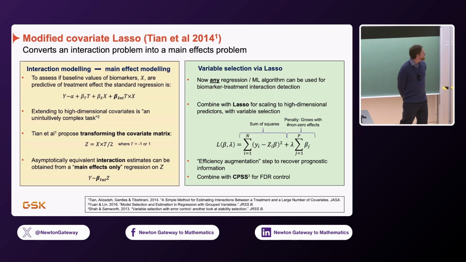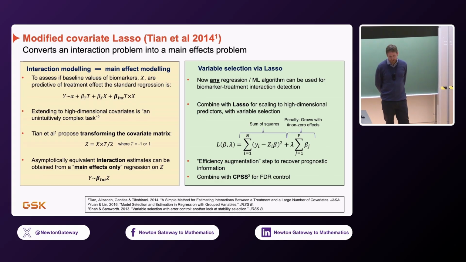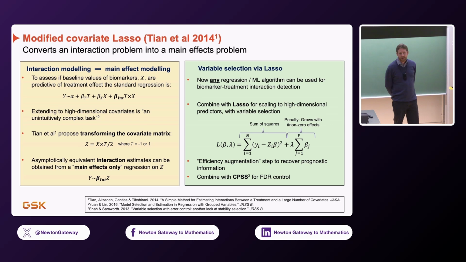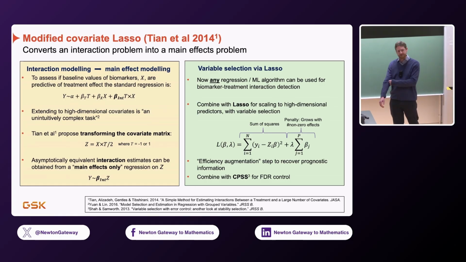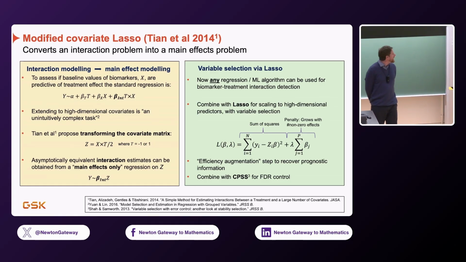So the really compelling thing here is that we've turned an interaction testing problem into a far simpler prediction modeling problem, which means that we can apply any off-the-shelf ML or statistical learning procedure which has been developed for identifying predictive main effects as opposed to interaction terms.